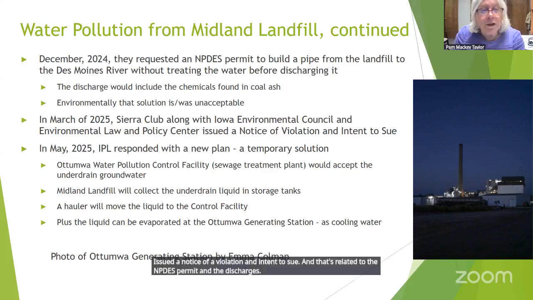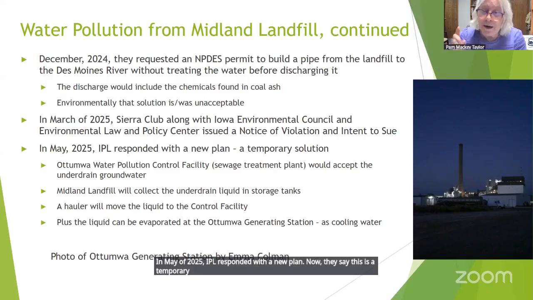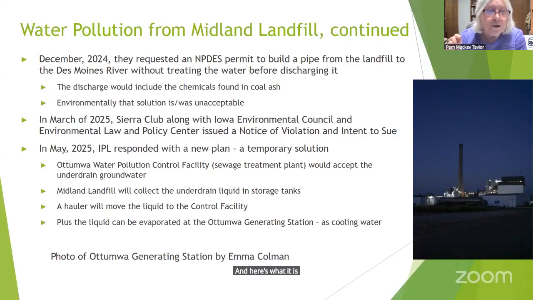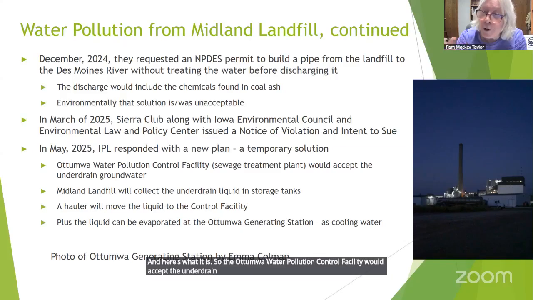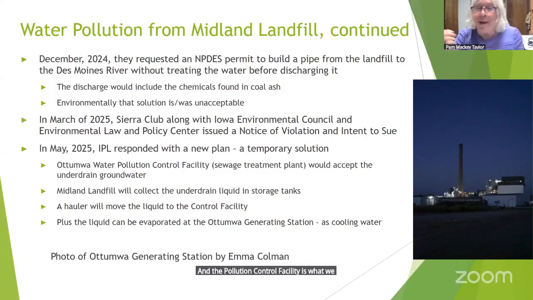In May of 2025, IPL responded with a new plan. Now, they say this is a temporary solution, and here's what it is. So the Ottumwa Water Pollution Control Facility would accept the underdrain groundwater, the underground liquid. And the pollution control facility is what we sometimes call a sewage treatment plant.